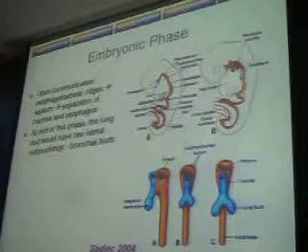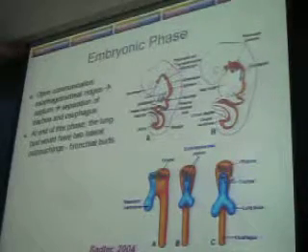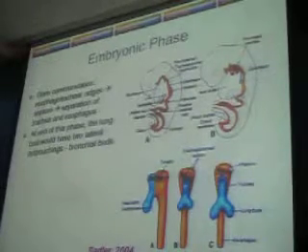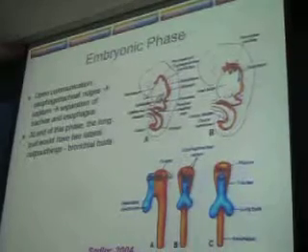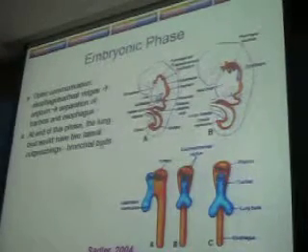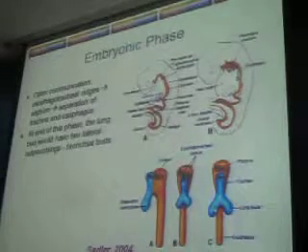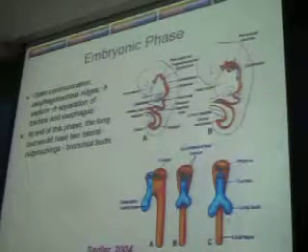Once you have the septum formed, then you will have the separation of your trachea from your esophagus. So the ending of your embryonic phase is you would have the lung bud with its two lateral outpouchings. Ito yung trachea nyo, ito yung lung bud natin.